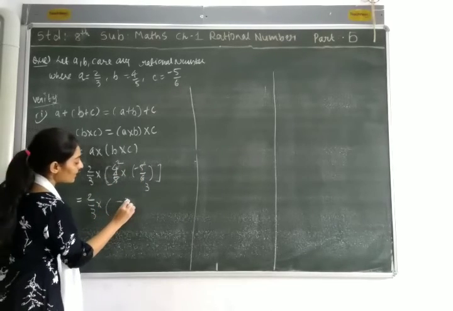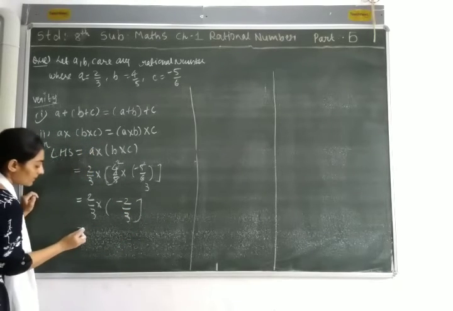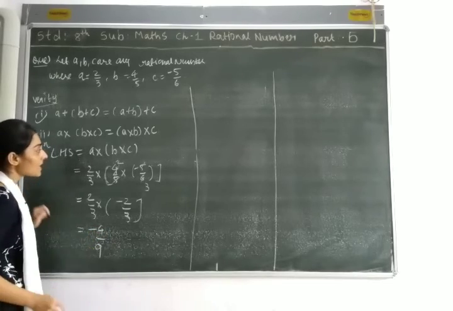So I am getting minus 2 by 3. Again, just solve this one. Minus 4 upon 9 is the answer.